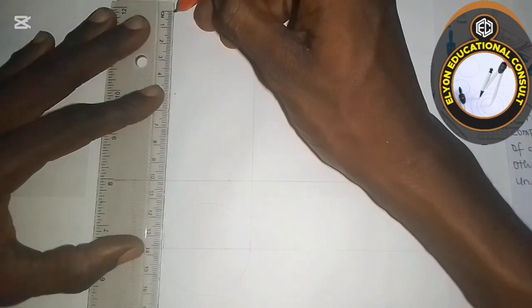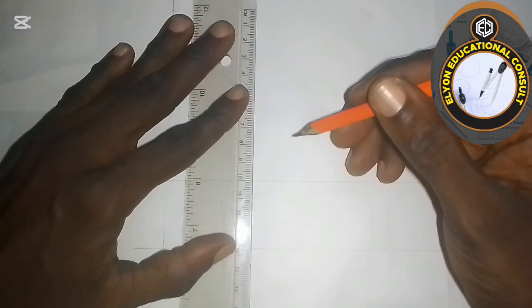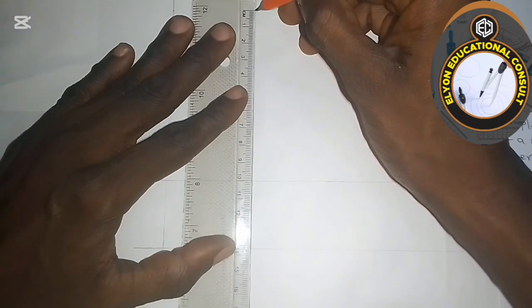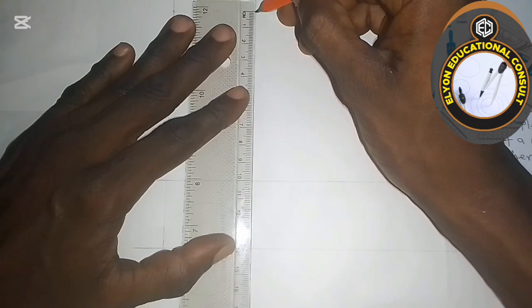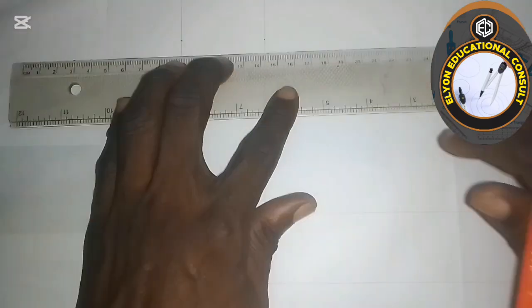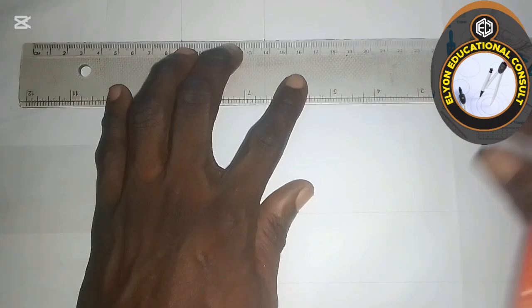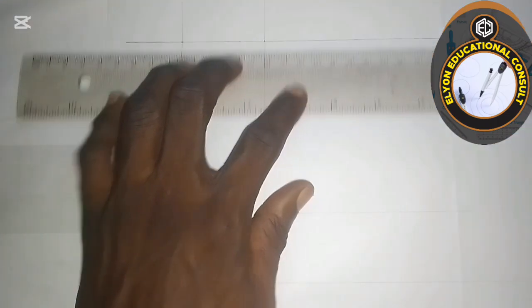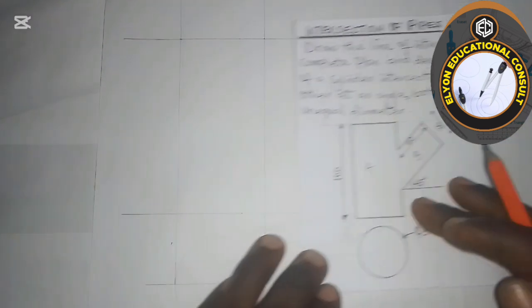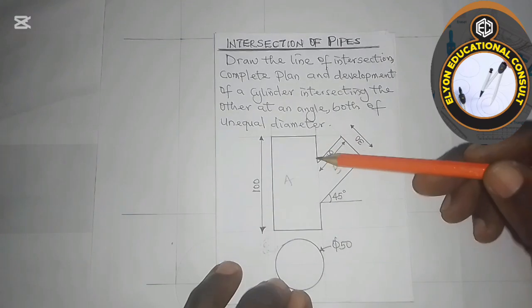So this is 10 here. Can have the 10 as well at this point here. So connect the 2 points together this way. Okay, now we are not given this length here, neither are we given this side.